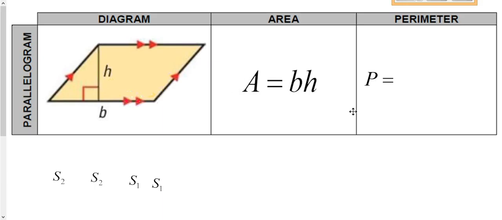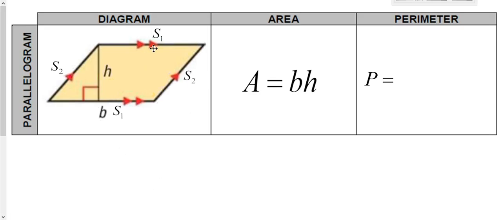For perimeter, there really is no formula, so we remember that the perimeter of a figure like this is just adding up all the sides. So we can make our own little formula. If we call the length of this side S1, we know the side opposite is the same in a parallelogram. And the measure of the other side we'll call S2, and the side opposite is also the same length.